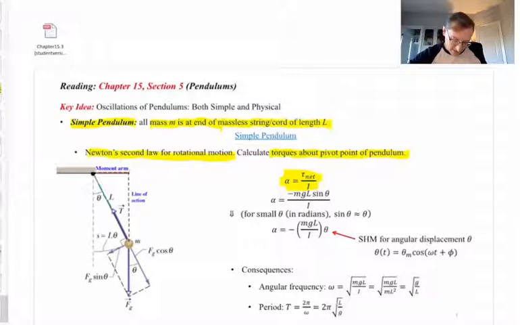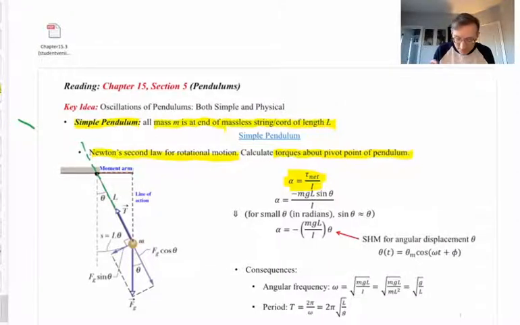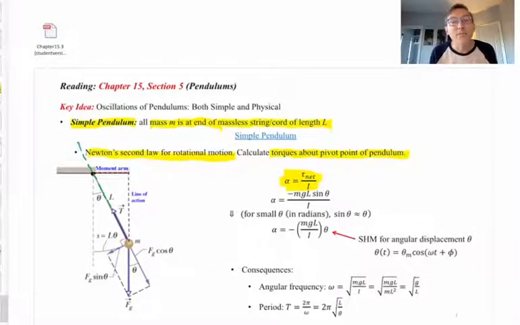a green dashed line. The line of action of the tension force passes right through the pivot point, which means the tension force has no moment arm, which means the tension force produces no torque about the pivot point.